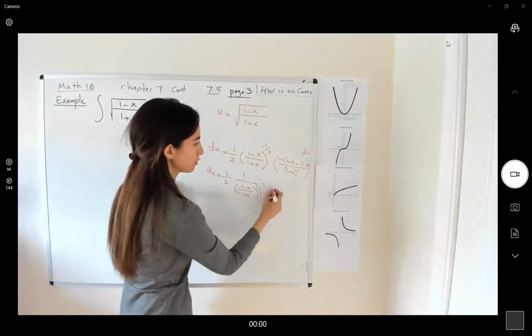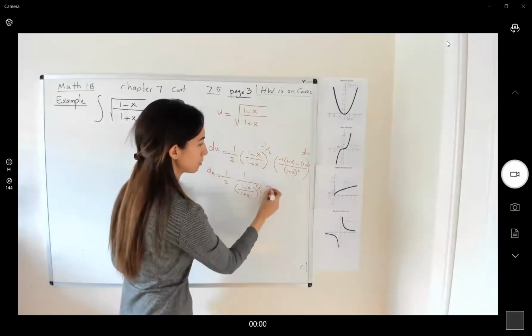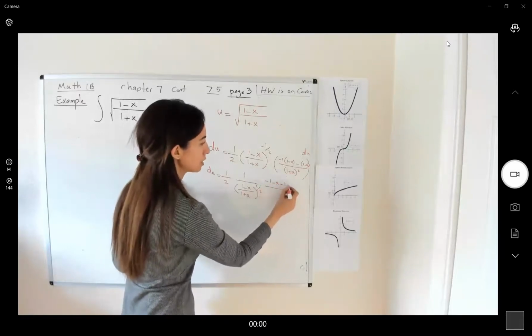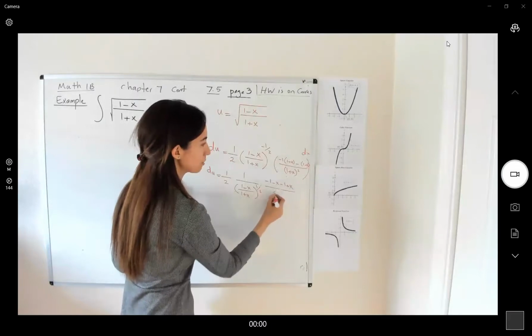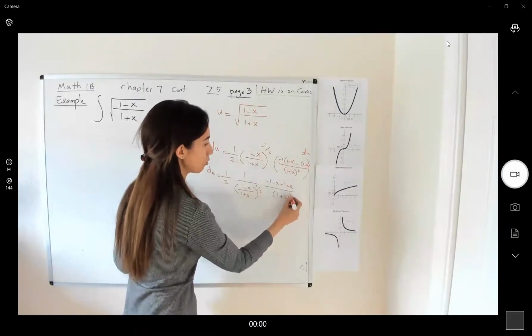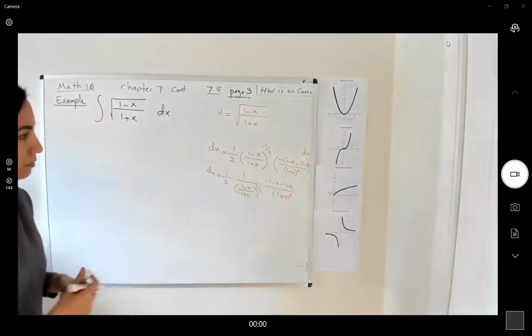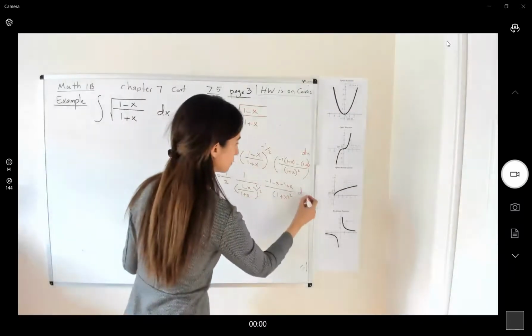Let's simplify your numerator. This is equal to negative (1 minus x minus 1 plus x) divided by (1 plus x) squared, times dx.